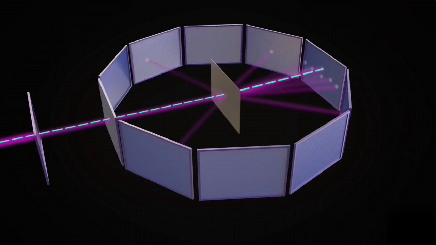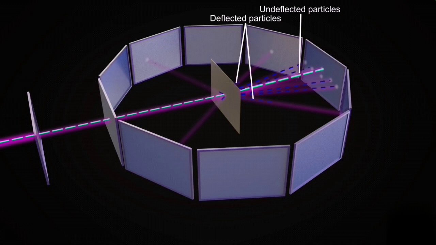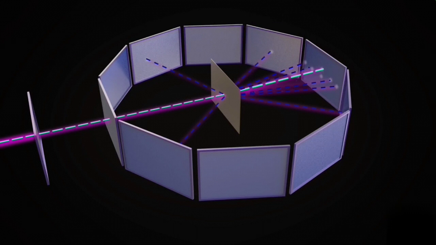Some of the alpha particles were deflected by the foil by small angles. Surprisingly, 1 out of every 12,000 particles appeared to rebound.